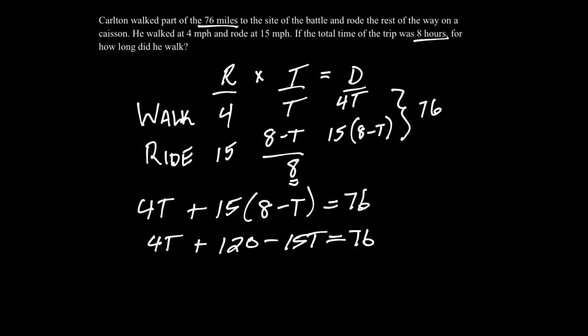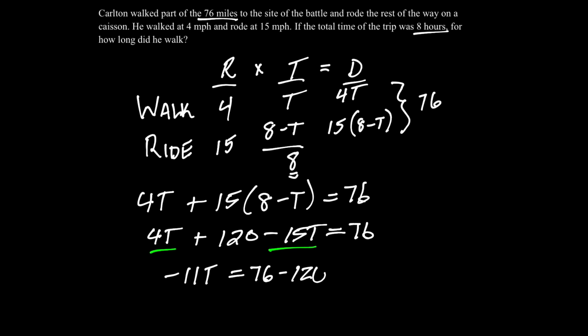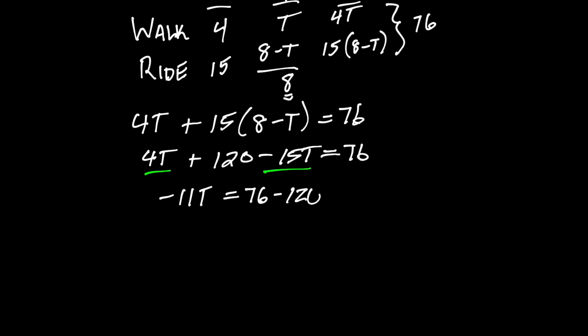I'm going to combine my like terms here. I have 4t and minus 15t. When I add those together, I get minus 11t, and that's going to equal 76 minus 120. So these are both negative numbers, but that's okay because I have a negative over here to divide by. So negative 11t equals negative 44.